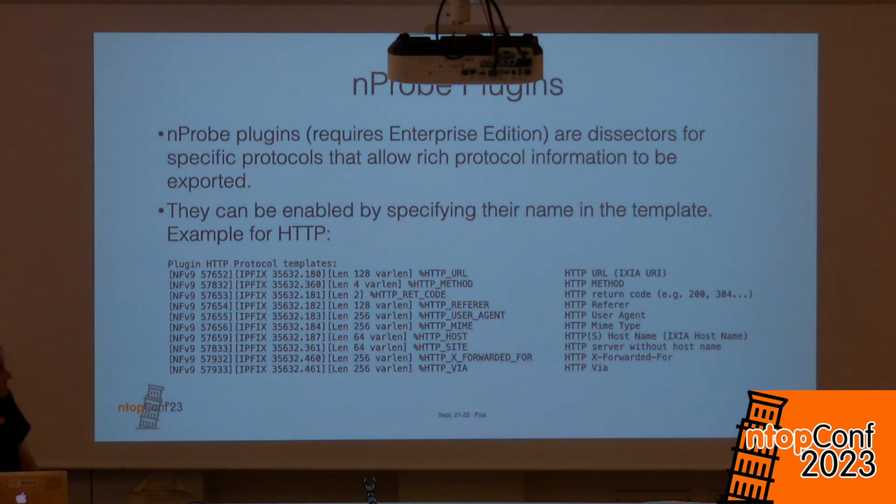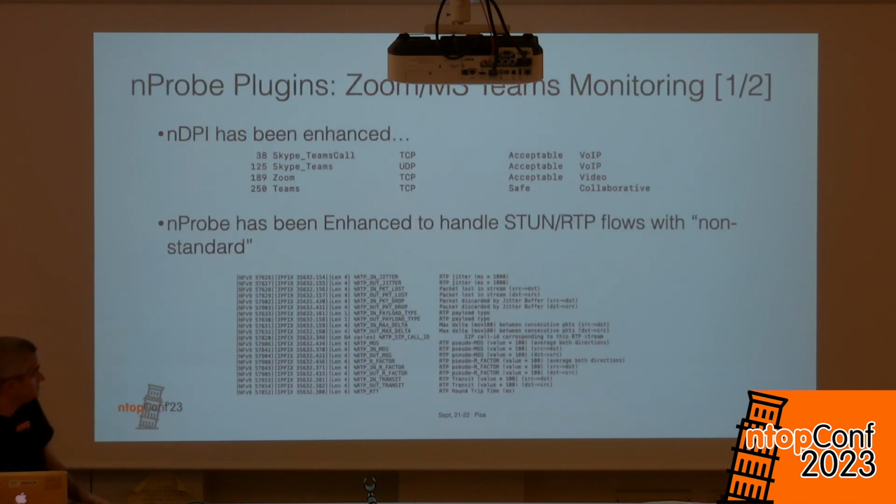As I said, nprobe contains plugins that are a way to dissect specific traffic deeply. So for instance, for HTTP, that is a popular protocol that everybody knows, it's possible to extract URL, user agent, all the various fields. And this is kind of simple. Nice things happen when we have protocols that are more, let's say, special, okay?